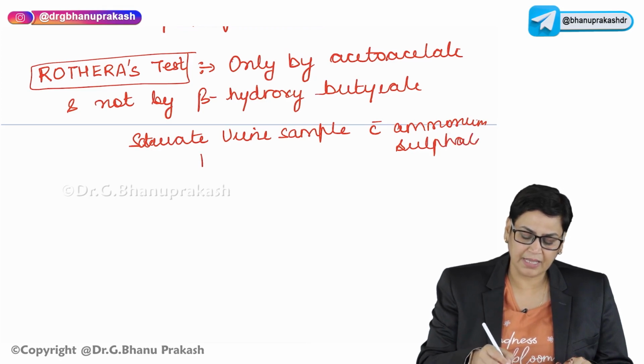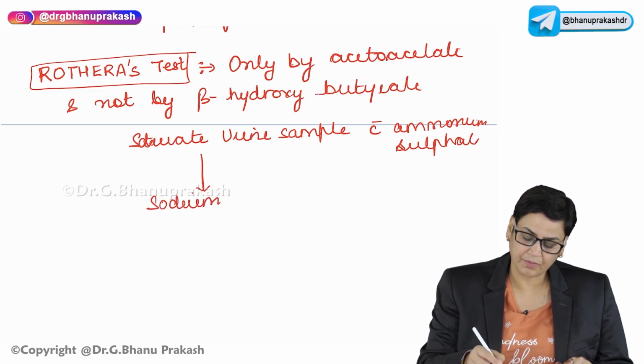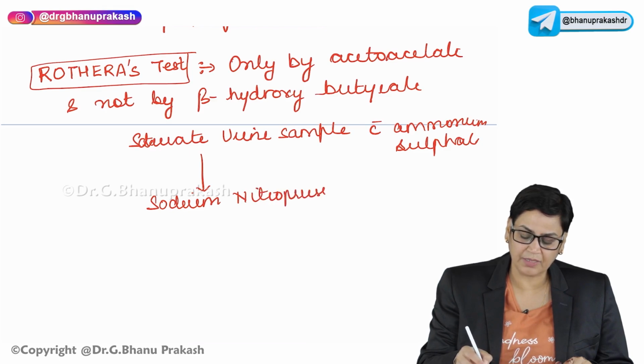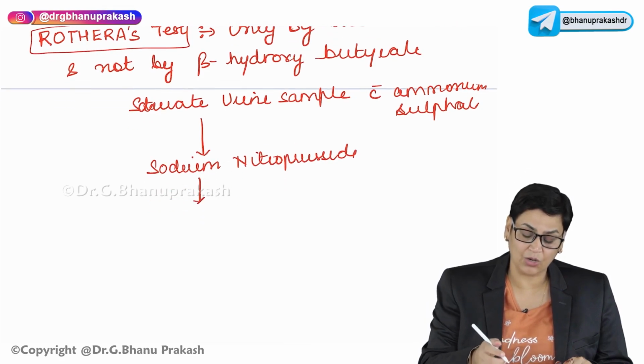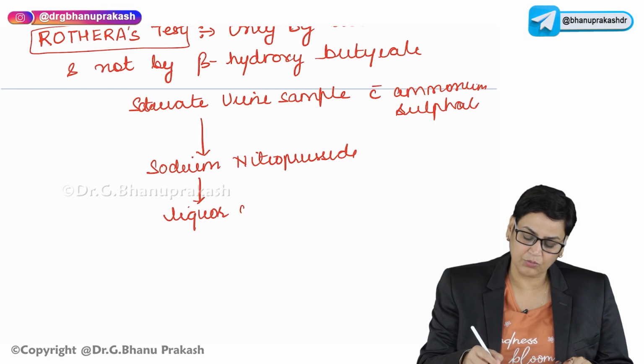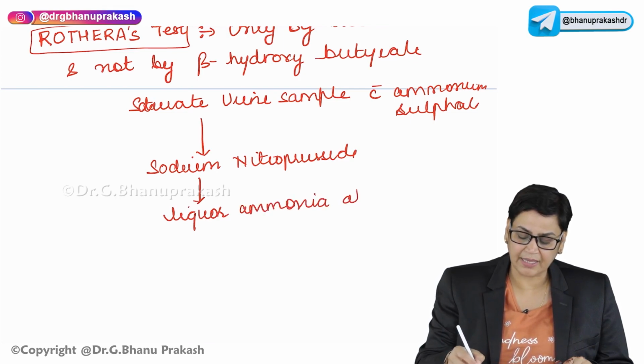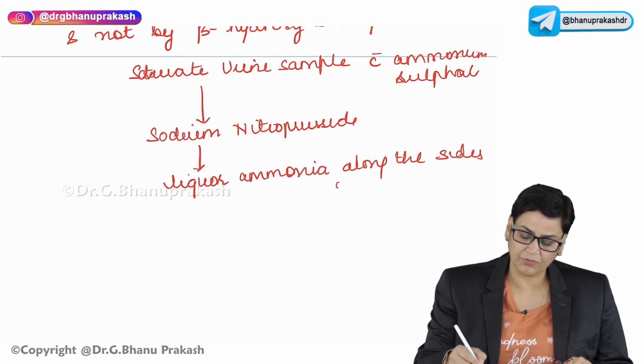Then after that we add sodium nitroprusside, and after addition of sodium nitroprusside we add liquor ammonia along the sides of the test tube.